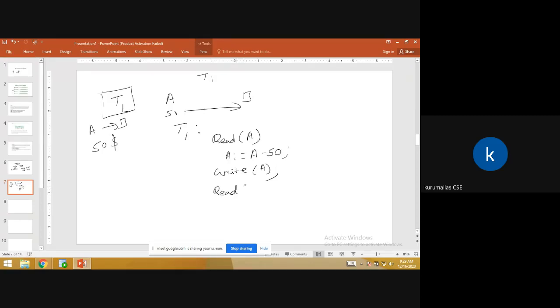Once debited, we have to transfer to B. Read of B, then B := B + 50. Read B means we have to check whether the B account is there or not.